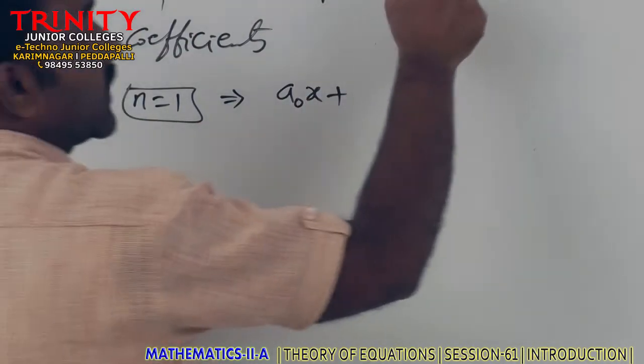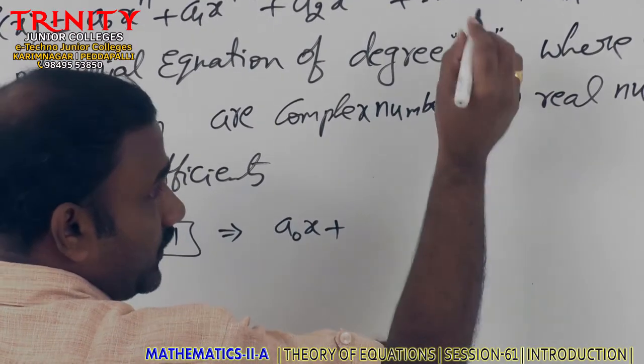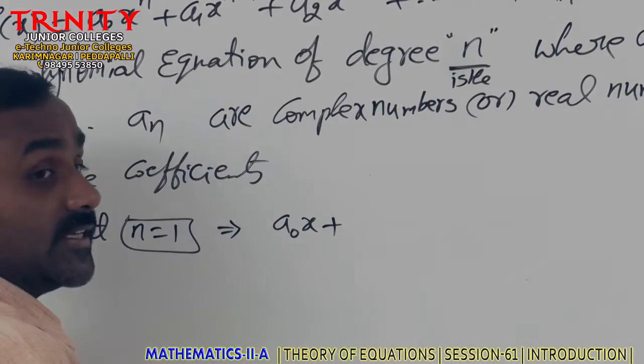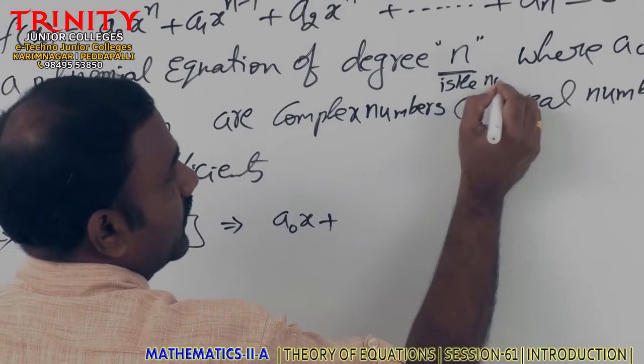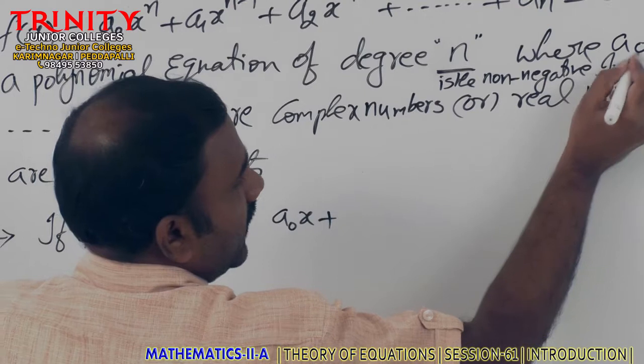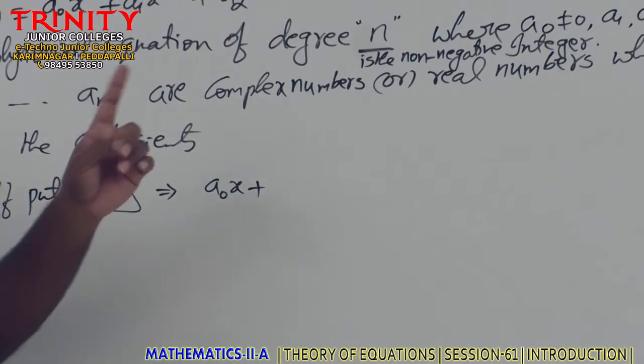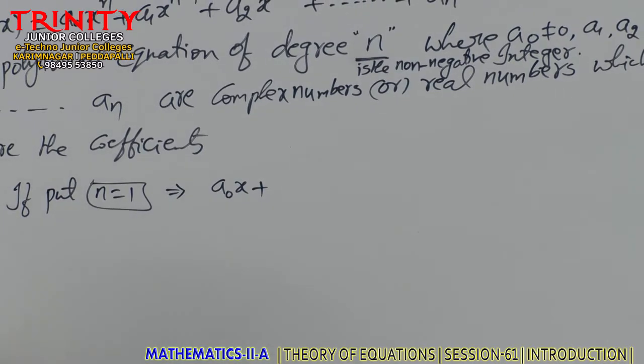Here this n is the non-negative integer, where n must be a non-negative integer.